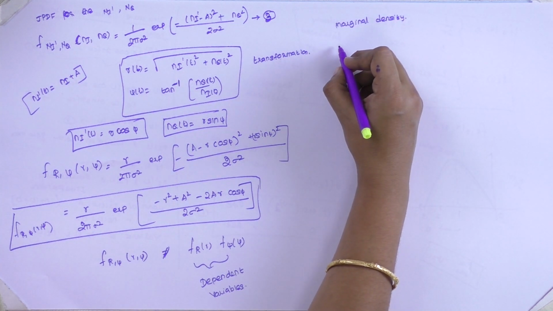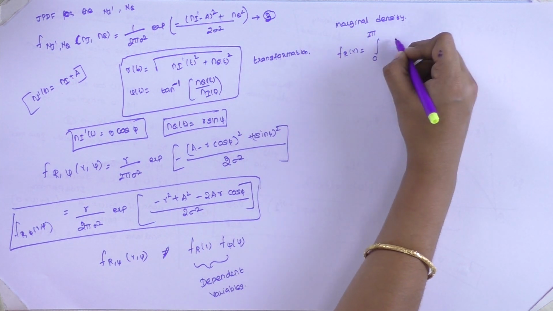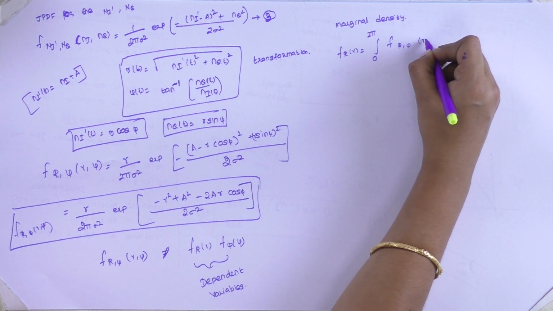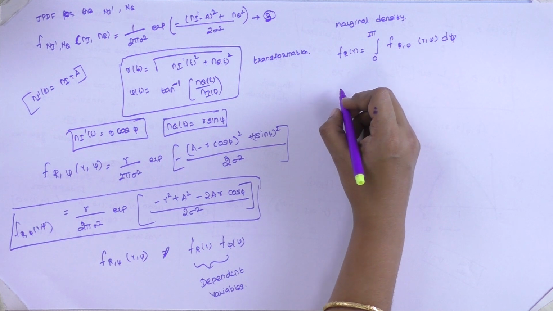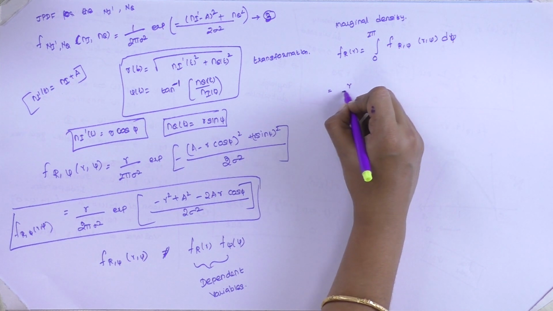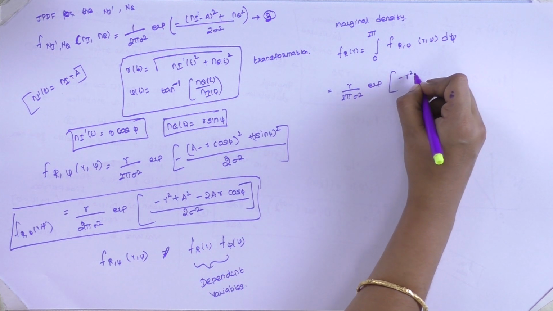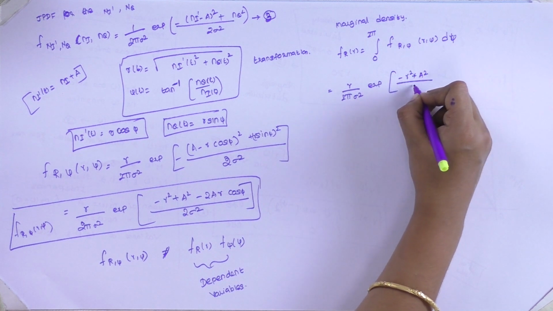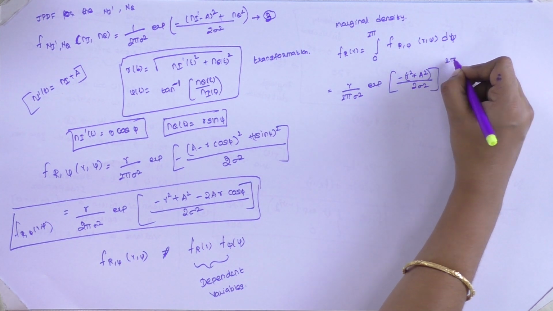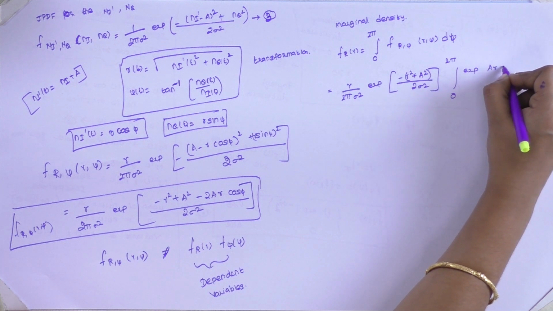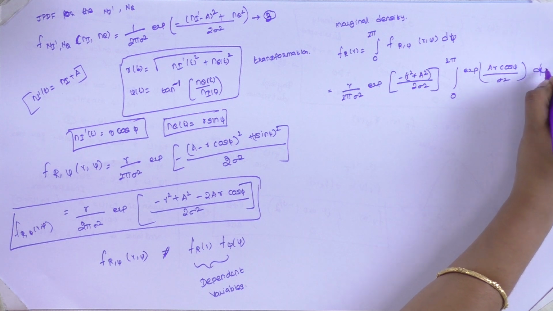Therefore, to determine the probability density function, that is, in order to find the marginal density, we are going to integrate over 0 to 2 pi. Therefore, f of capital R of small r is equal to the integral over 0 to 2 pi of f of r comma psi into d psi. This expression can be reduced to r divided by 2 pi sigma square exponential of minus r square plus a square divided by 2 sigma square, times the integral over 0 to 2 pi of exponential of ar cos psi divided by sigma square into d psi.